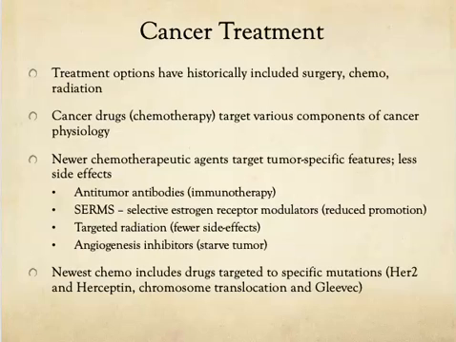There's a type of cancer drug called Gleevec, which targets a very particular mutation, a very particular chromosome translocation in certain forms of cancer. This is probably the most exciting area because these drugs have proven not only effective, but have very limited, if any, side effects.